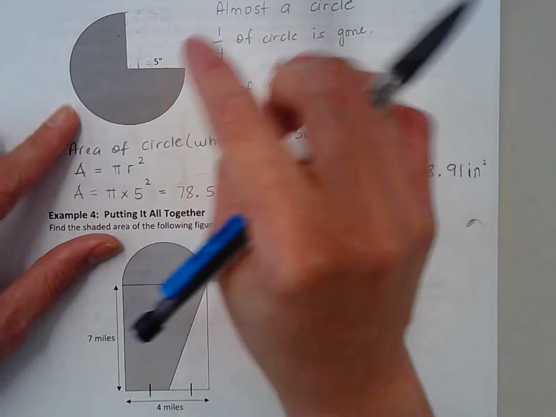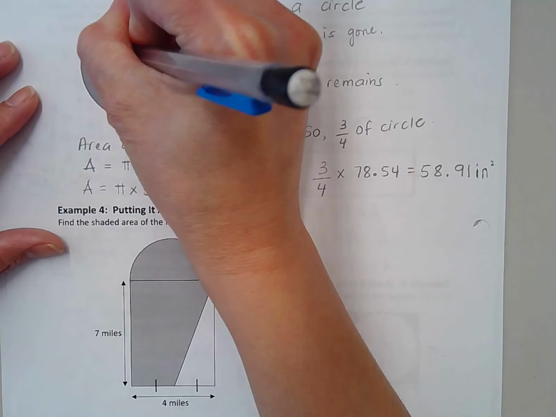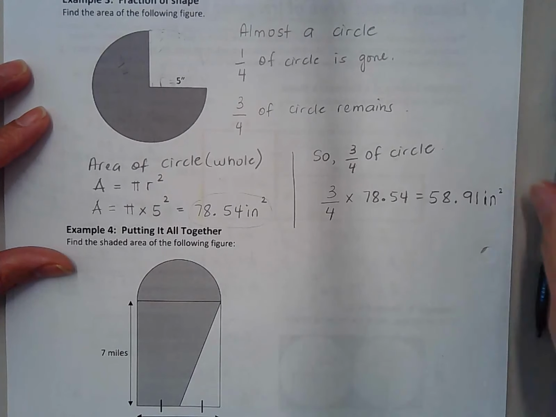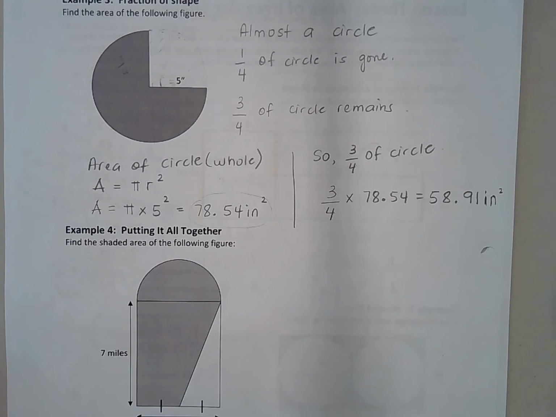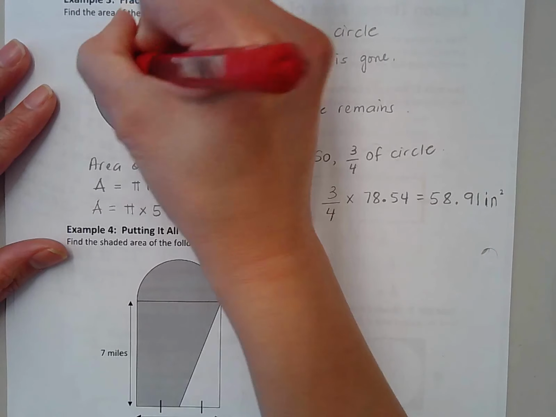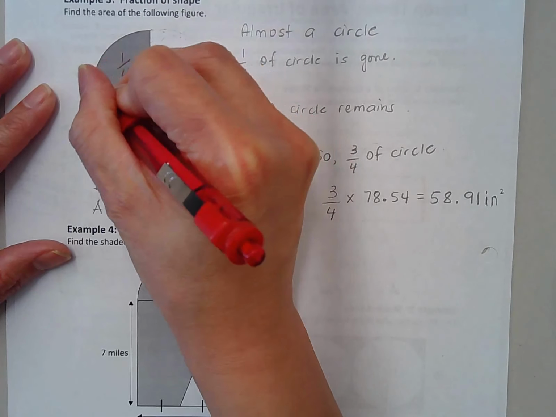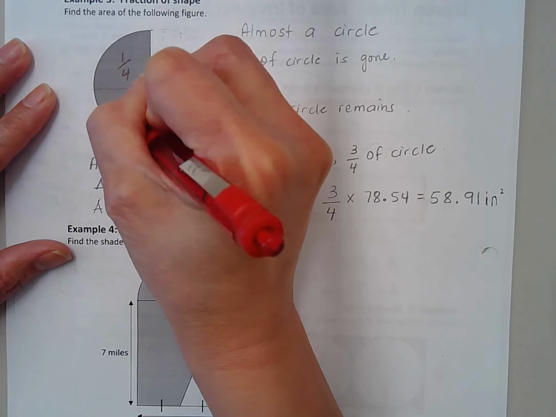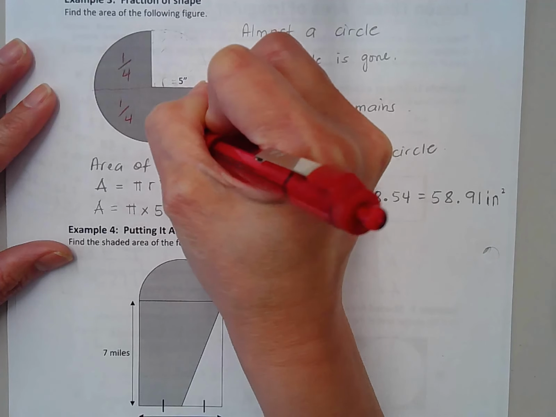This is a quarter of a circle, and here's the other quarter, and here's the other quarter.